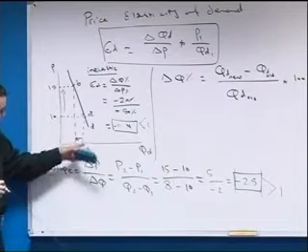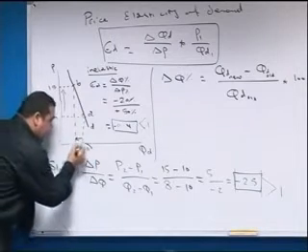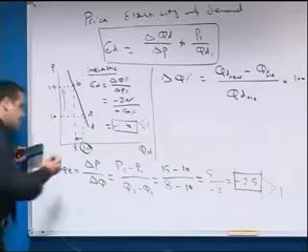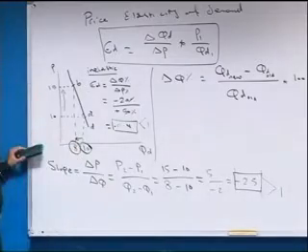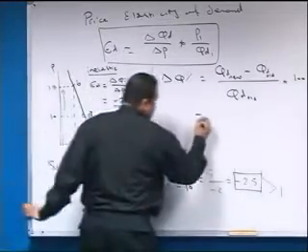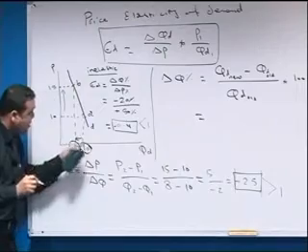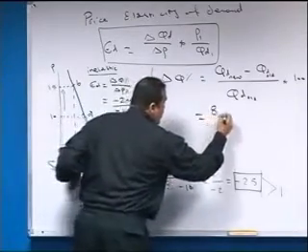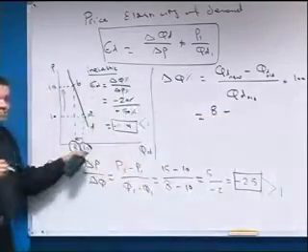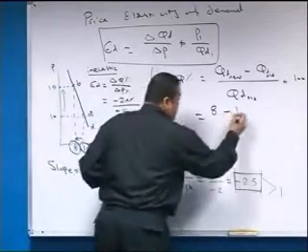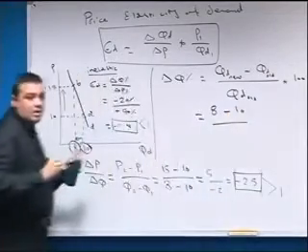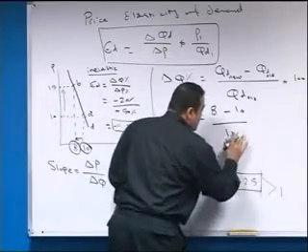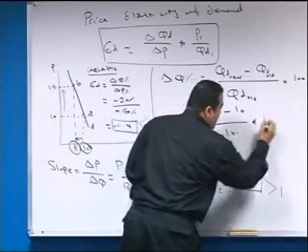So this is the original quantity demanded, the old one, and this is the new quantity demanded. So it equals the new quantity demanded, 8, minus the old quantity demanded, 10, over the old quantity demanded, which is 10, times 100%.